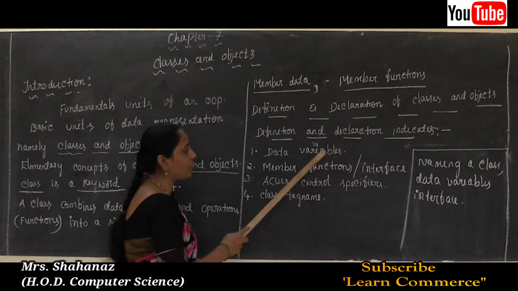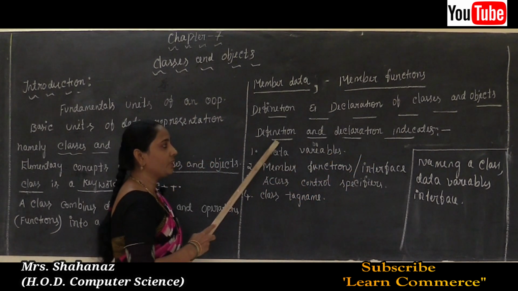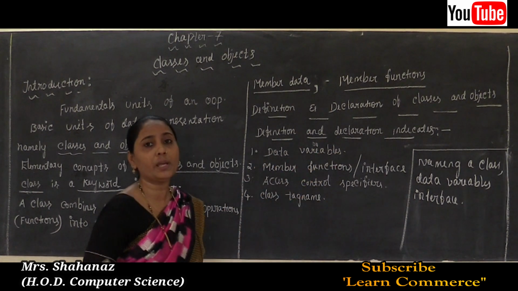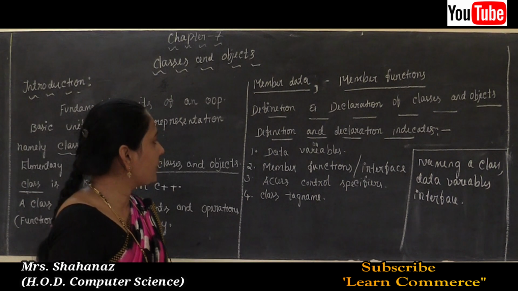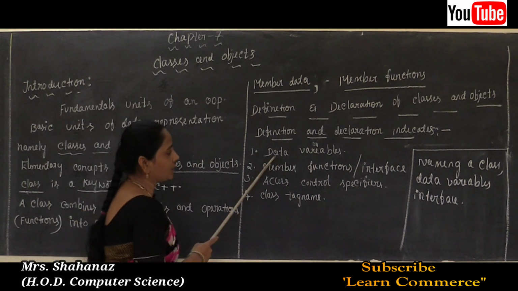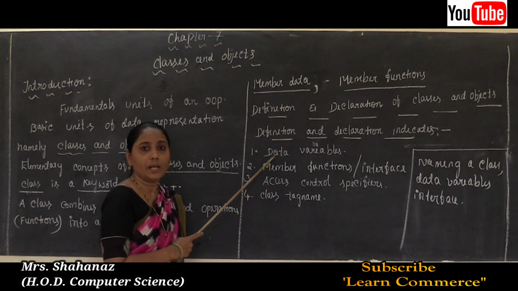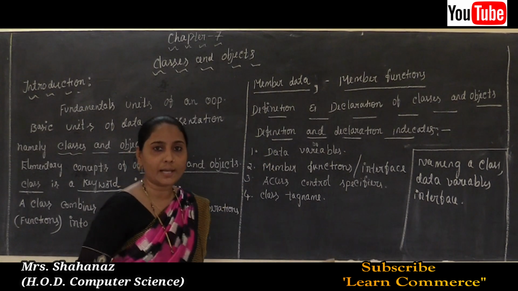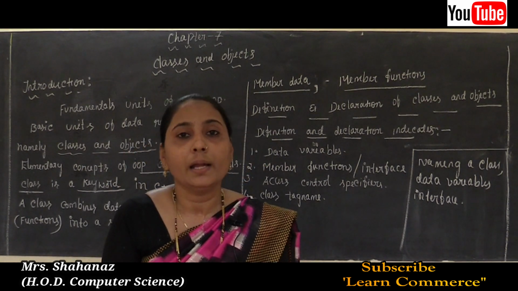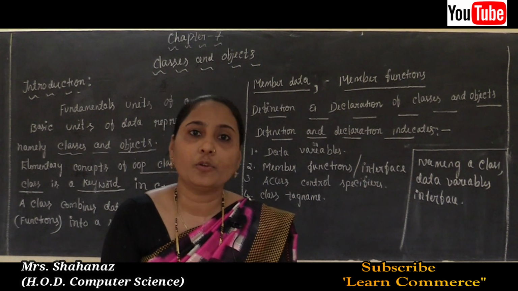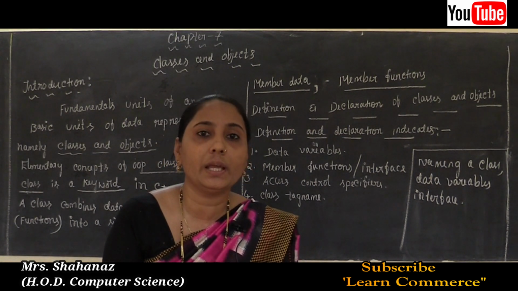Such definition and declaration of the class indicates the following. Some points are there about the definition and declaration of the class. The first point is the data variables. The data variables are known as member data of the class. Why? Because in a class we know that there are data and functions, and the functions operate using the data.